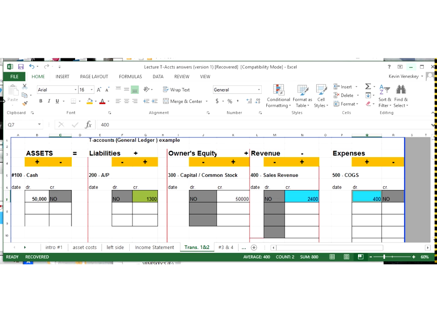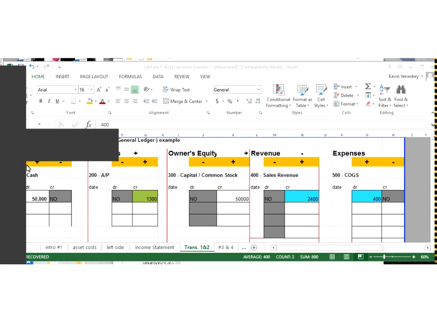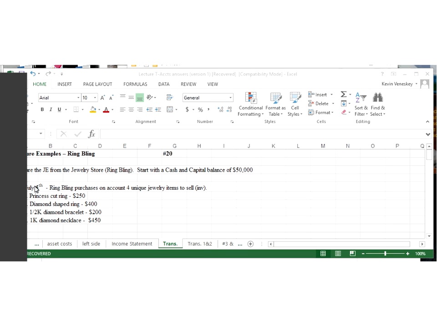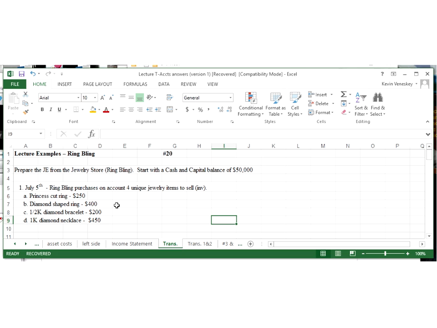Okay, let's look at transaction 1 and 2. I'm going to pull that up here in just a second. So when we look at the first example that you should have on Ring Bling, number 20, it tells us we start out with a balance of $50,000 in cash and capital. That's just so we have some upfront money to work with.